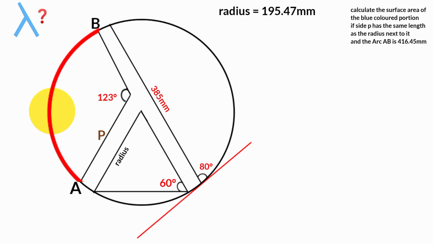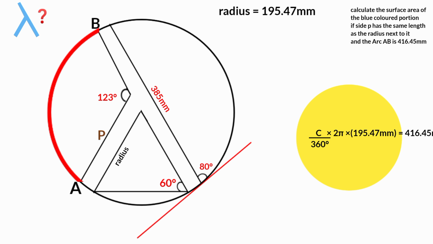Now this arc AB, they said, is 416.45 millimeters in length. The formula for calculating the length of an arc is theta over 360 times 2 pi r. Theta is the central angle, which is C. If we equate it to this length, C over 360 degrees times 2 pi r equals 416.45 millimeters. R is the radius, which we have here as 195.47 millimeters.